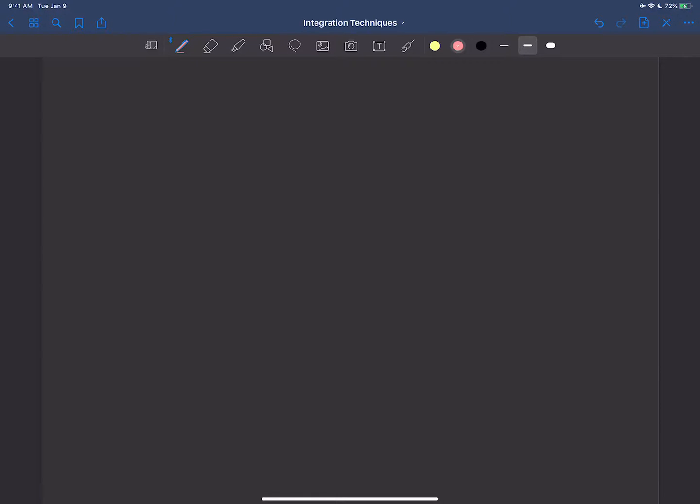If you're trying to integrate 1 over something, and that inside part is linear, the expression for that is the ln of the linear divided by the derivative of the linear.